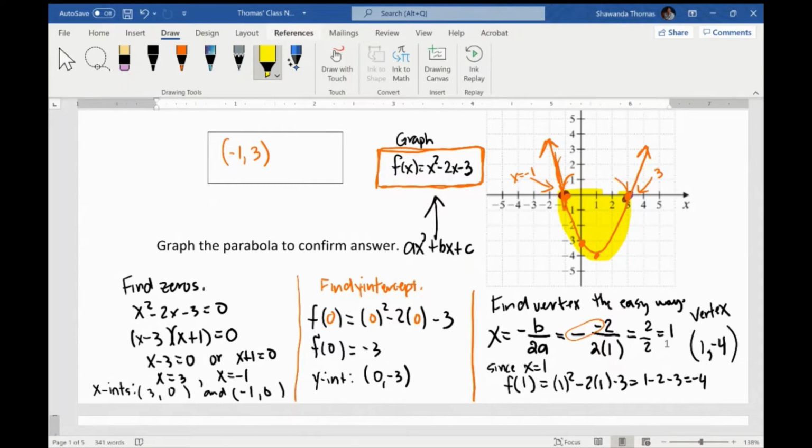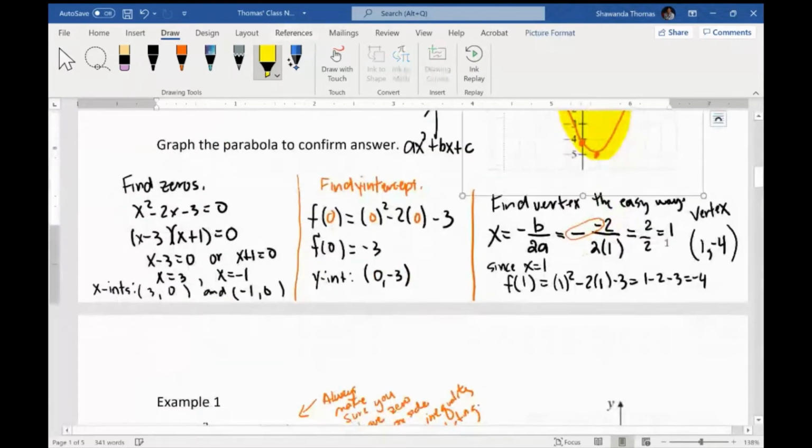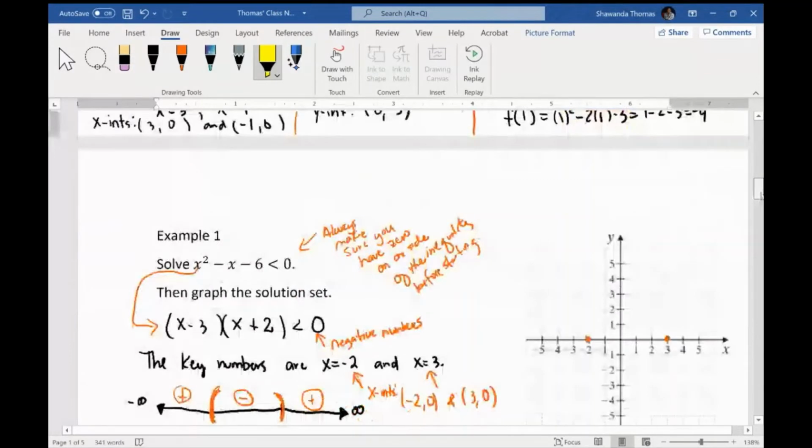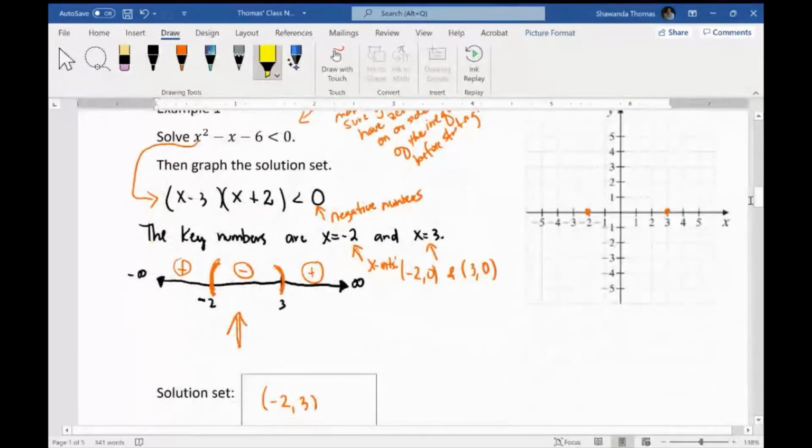Y'all see that? It doesn't mean a point, -1, 3. It means everything between x equals -1 and x equals 3. It's not a point. All right. What I was looking for y'all to say was y-intercept. We did the x-intercepts. I was looking for someone to say, let's plot the y-intercept.